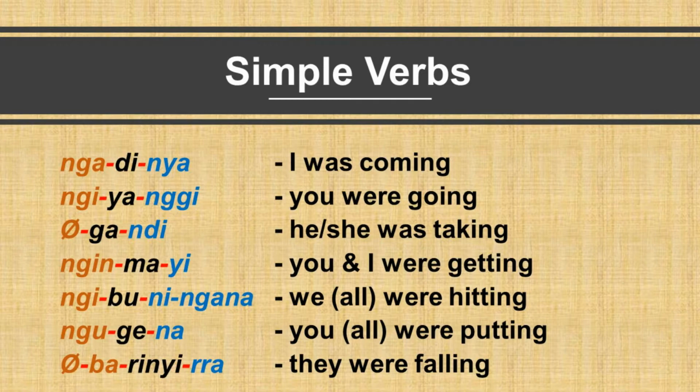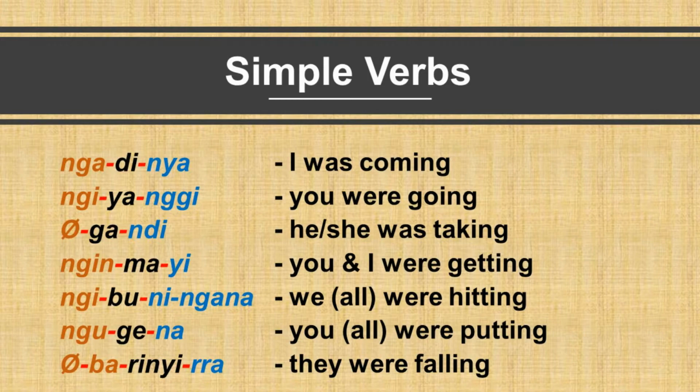I have added this suffix here to indicate that I don't mean you were hitting, because as you can see in the form for you, the second one, the prefix is the same as for the first person plural, we. So to make the difference a lot clearer, you can add a marker, which basically means all together. Then in the second plural, you all were putting, you have another prefix again.